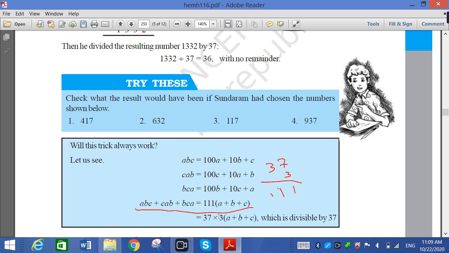So 111 is there. So it is always divisible by 37. That is the way. If I take 417, I will take 417, 714 and 147. If we add these, it is always divisible by 37.